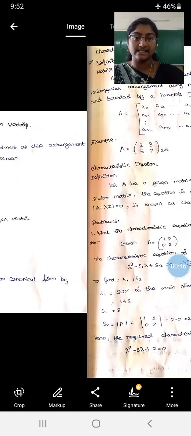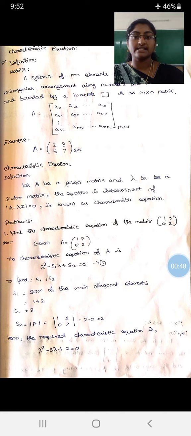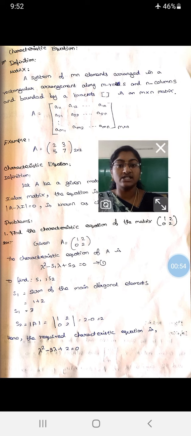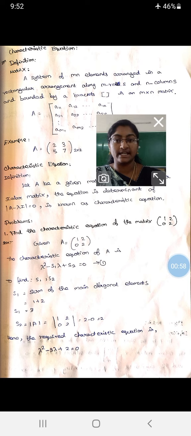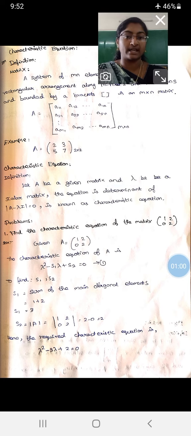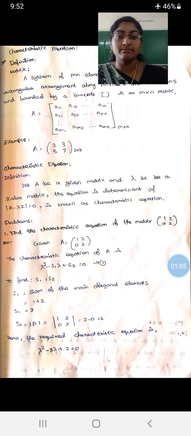Let's start the class. Here is the definition of a matrix: a system of m by n elements arranged in a rectangular arrangement along m rows and n columns and bounded by a bracket is an m by n matrix. Here m denotes the number of rows and n denotes the number of columns.